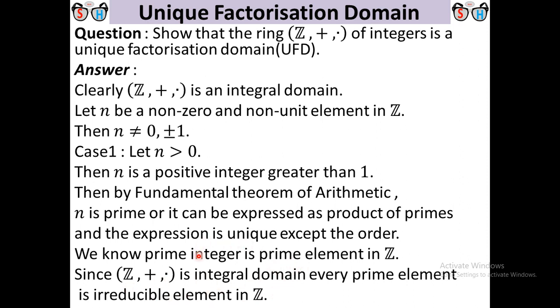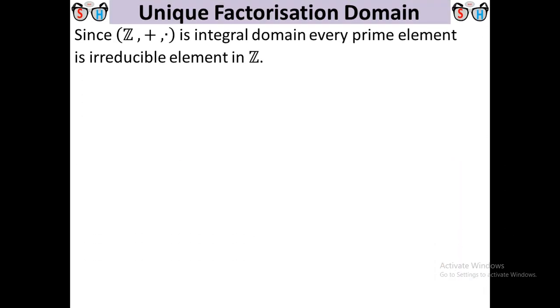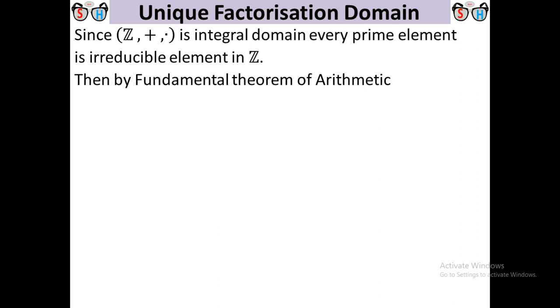So prime integers are irreducible elements. So we can conclude that by the fundamental theorem of arithmetic, every positive integer can be expressed as the product of primes. Here I can replace the primes, that is, prime integers, by irreducible elements, because in (Z, +, ·) every prime element is irreducible.